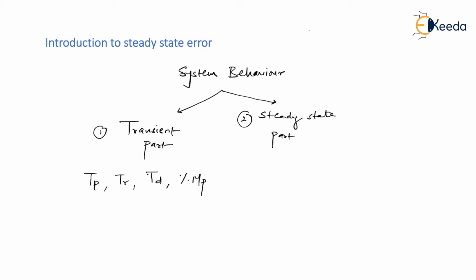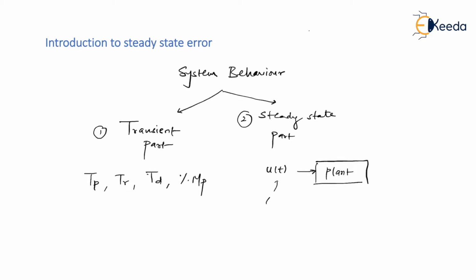So now we have to see how the system behaves once it gets into steady state. For example, for a particular plant, meaning a system itself, let's say I have given u of t as a reference input.